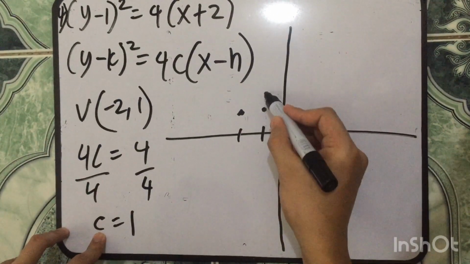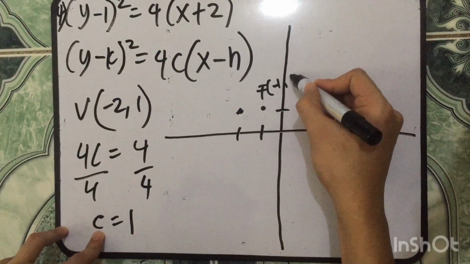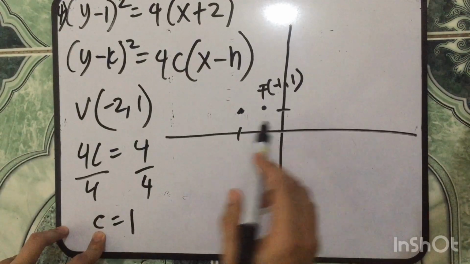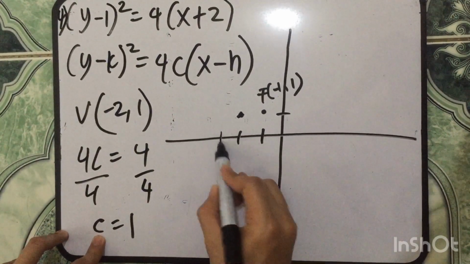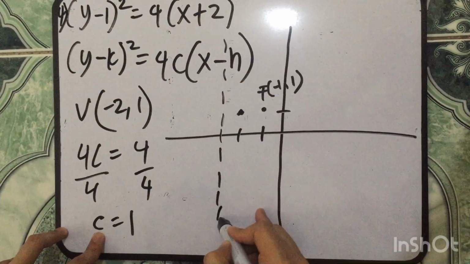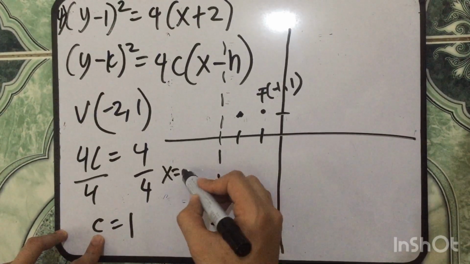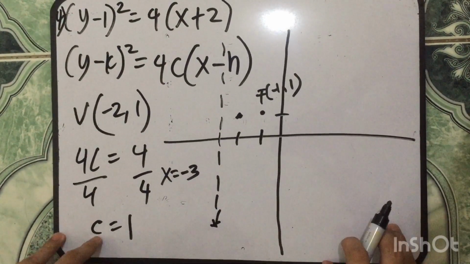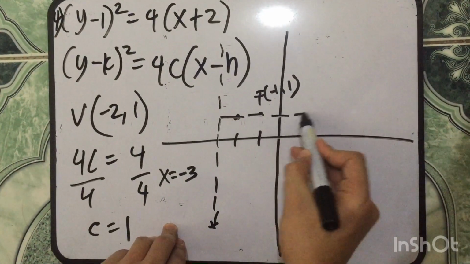That means the focus is (-1, 1). And to determine the directrix, we're going to count 1 unit to the left. So 1. That means the directrix is given by the equation x = -3. And then the axis of symmetry is this line.